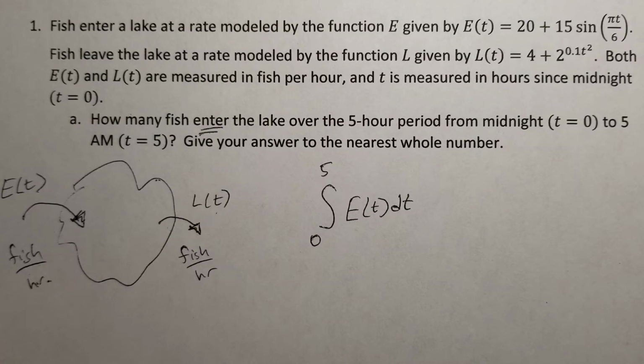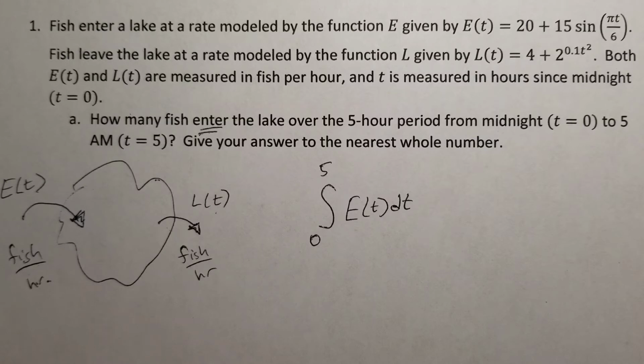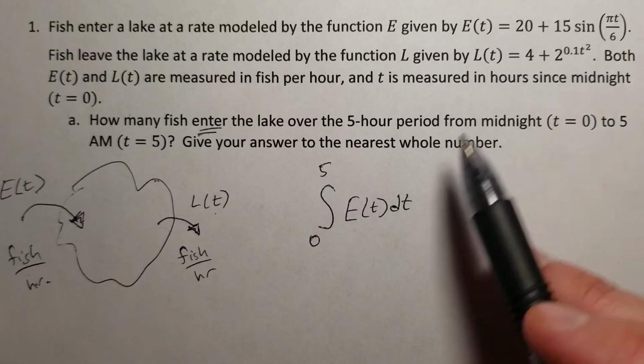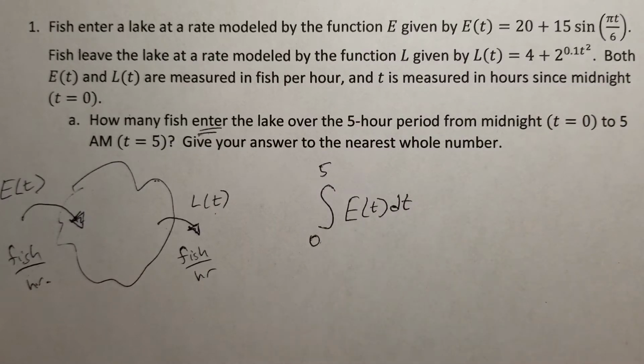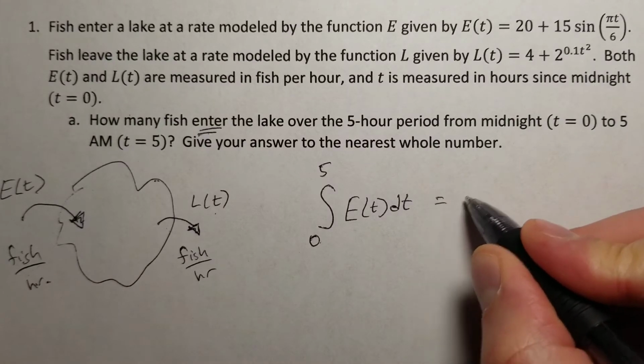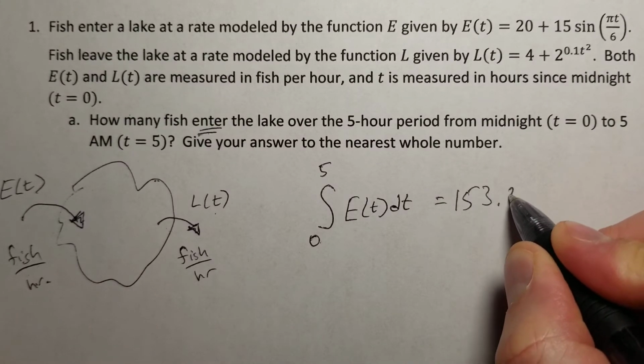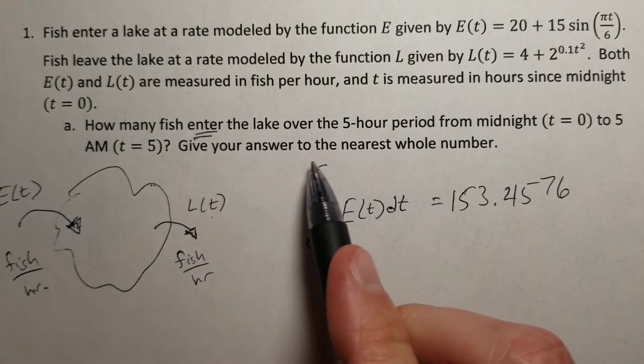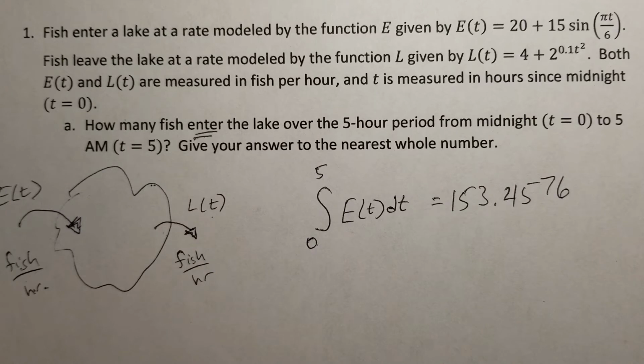Now, it's a number 1, so it's a calculator active question. So this is your opportunity to go ahead and plug this function into your calculator as an integral from 0 to 5. I think I've already done this. Yeah, and I think you end up with about 153.4576. Now, they did ask us to give the answer to the nearest whole number.